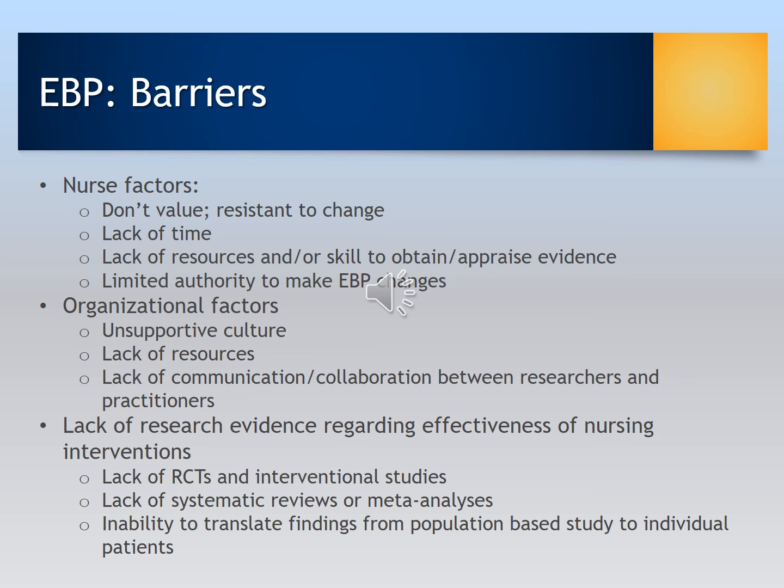So be attuned to these and think about them as you move forward, because as a culmination of effort this semester you're going to be writing a paper, and the paper is going to be asking you to identify what are some barriers to potentially implementing your recommendations. So pay attention to this and start doing kind of an internal look at you within your organization about what some of these barriers might be if you find some excellent evidence to change something very specific in your practice and your setting.